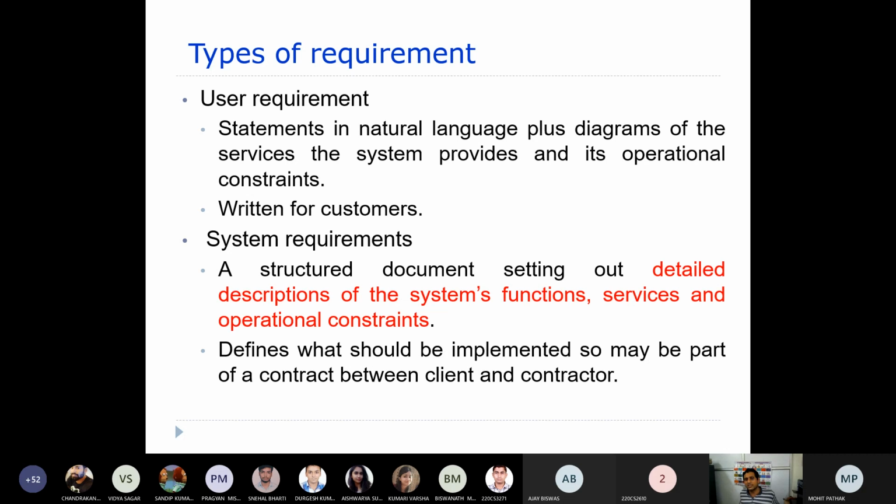Whatever system services the user is expecting from the system, or any operational constraints, right? So the software will be operated.